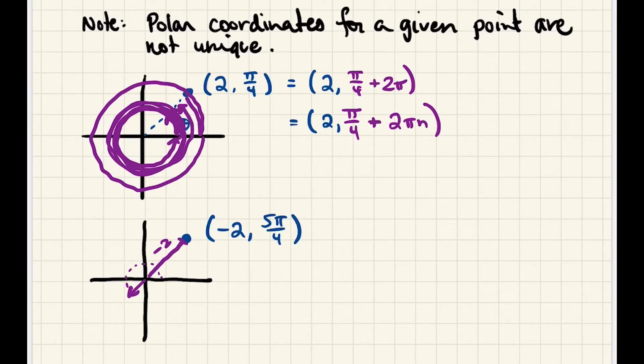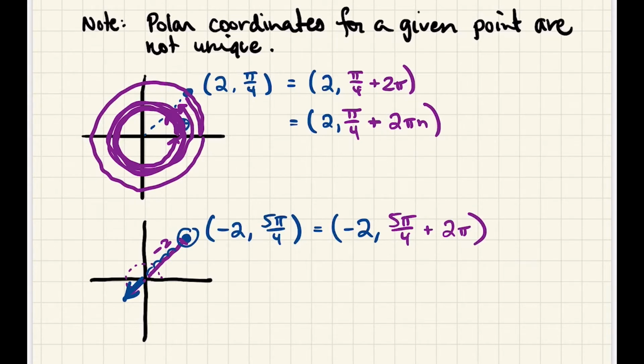Okay, so 5 pi over 4, again, is pointing in that direction into the third quadrant, and then it's like you're stepping backward because you're going negative 2 units, and that lands you right at the point we're interested in. Okay, and you could also add 2 pi to that. So we could go 5 pi over 4, and just for fun, go around the unit circle one more time.